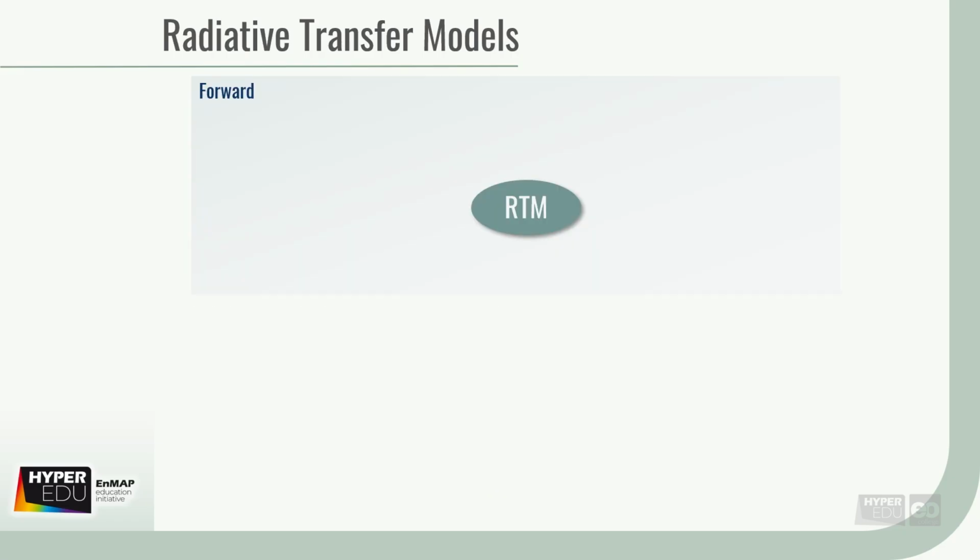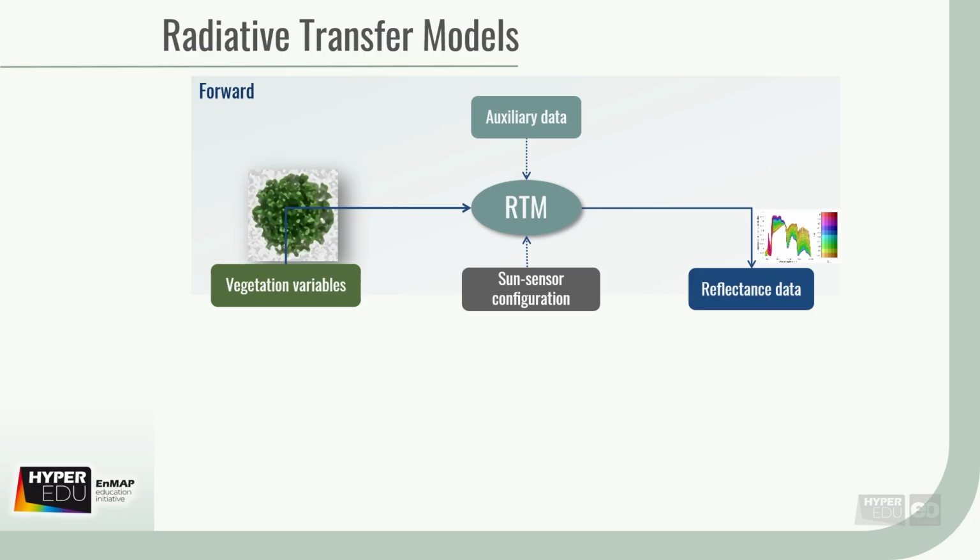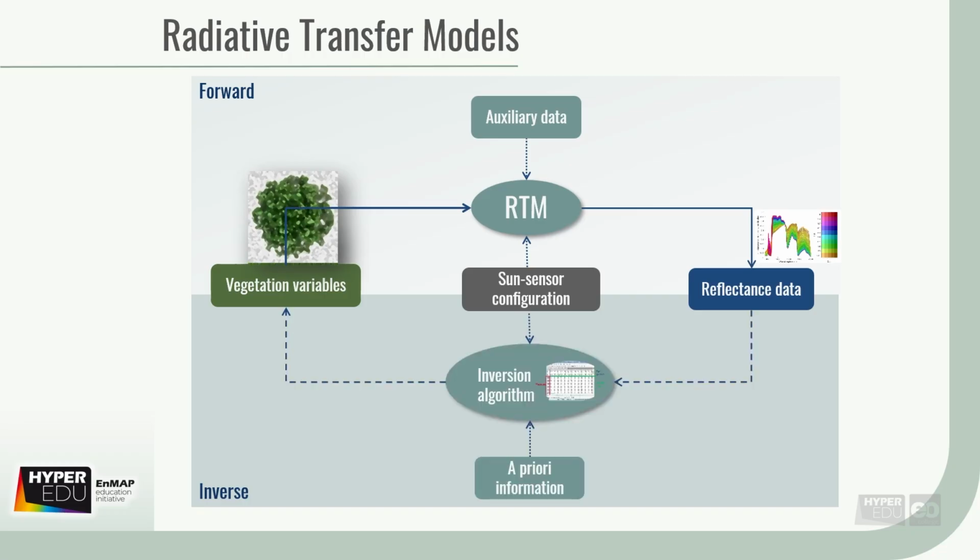In the forward mode, the RTM is built to simulate vegetation reflectance. Afterwards, the model can be used in inverse mode to estimate biophysical and biochemical vegetation properties on the basis of image spectra, measured by the remote sensing sensor.